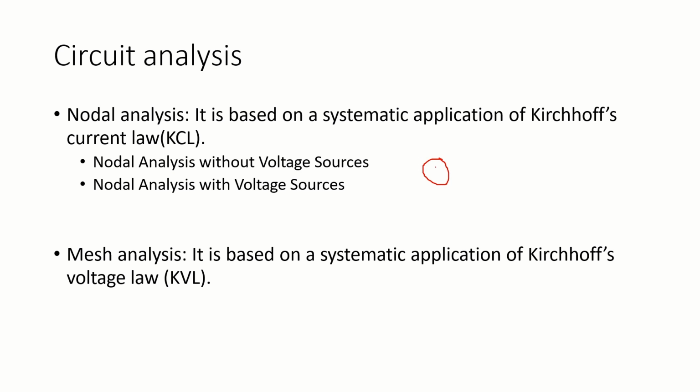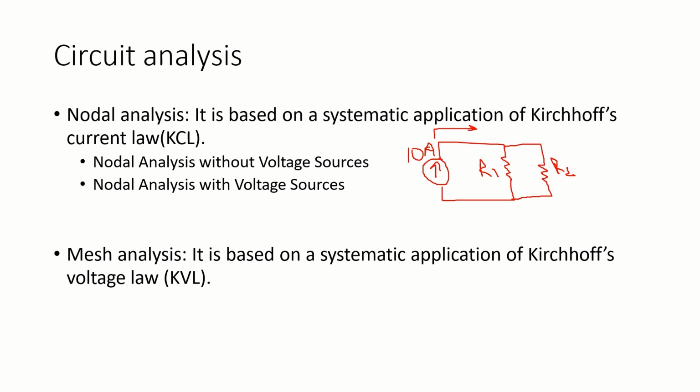Let's say this is a current source of 10 amperes and it is connected to a circuit that has two resistors connected in parallel. We are going to name this resistor R1 and this resistor R2. When we see this circuit, we know that the 10 ampere current will flow in this direction.